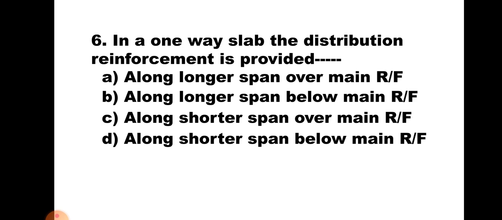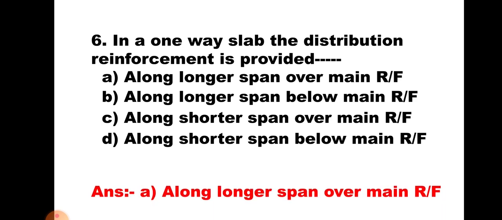But first, the short span reinforcement is provided, and over that the longer span reinforcement or distribution reinforcement is provided. Hence the correct answer is A, along longer span over main reinforcement.